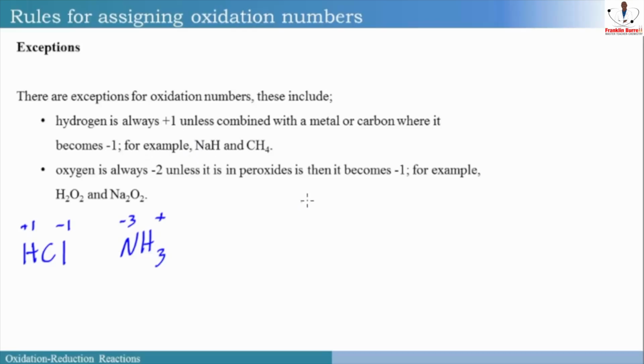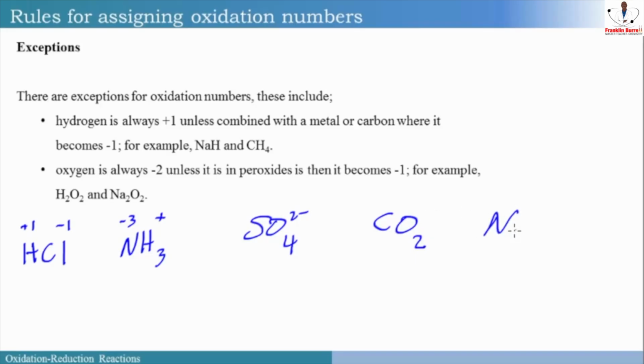The next exception is in the case of oxygen. Oxygen will always be -2 unless it is in a peroxide. So if I have SO4 2-, then the charge on oxygen is 2-. If I have CO2, the charge on oxygen is 2-.